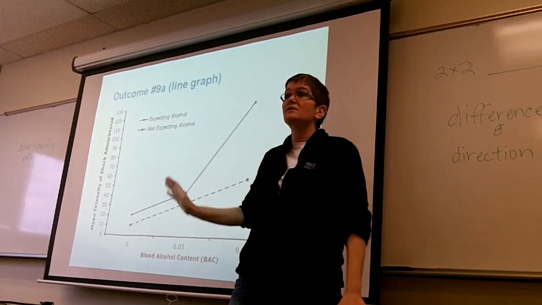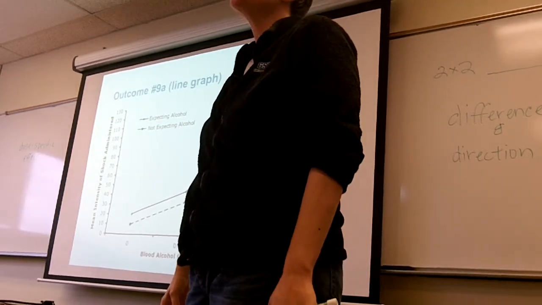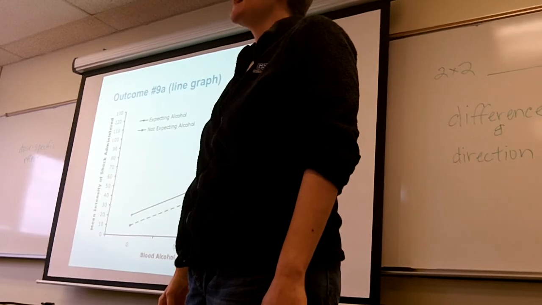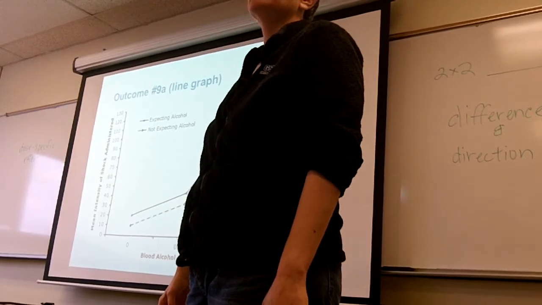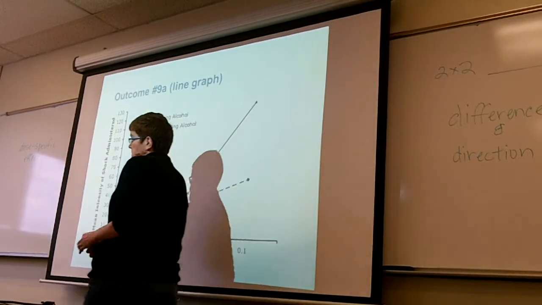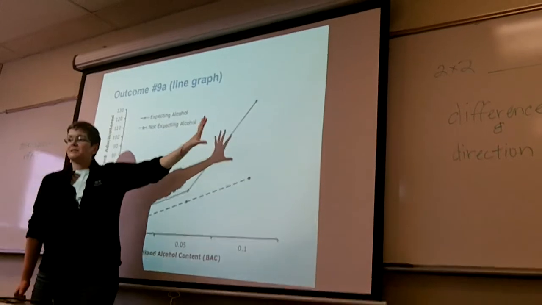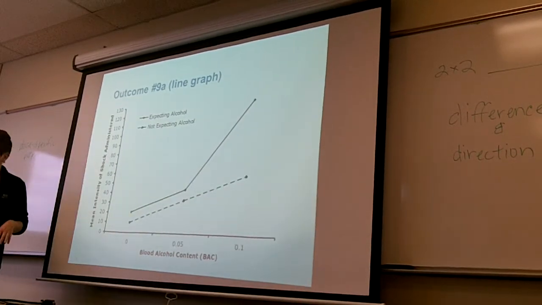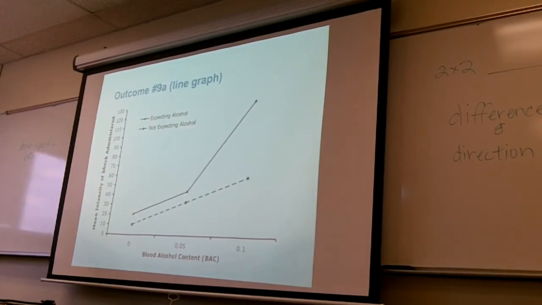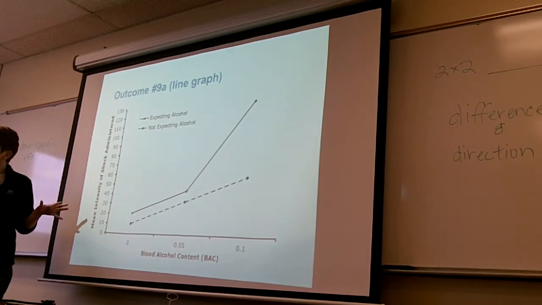Okay, so we would still say there's an interaction here, but we would also qualify it as a dose-specific effect that only emerges at the highest dosage of alcohol. No interaction at lower dosage levels, and interaction at the higher dosage levels. Does that make sense?